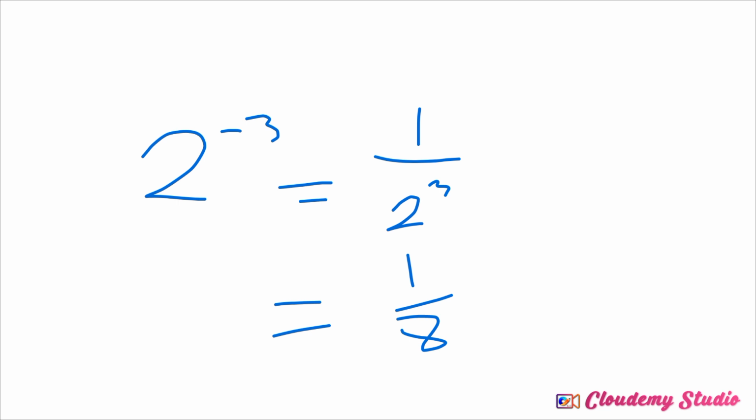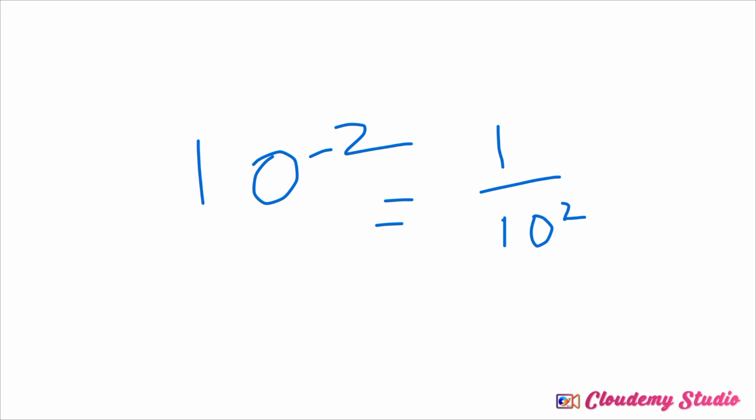Another example: 10 to the exponent negative 2 is 1 over 10 to the exponent 2, which ultimately is 1 over 100. This is how simple it is, guys. I hope you take as many examples as you can so that you can become much better.